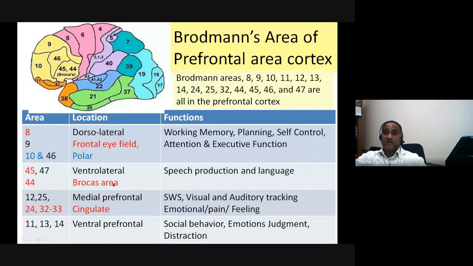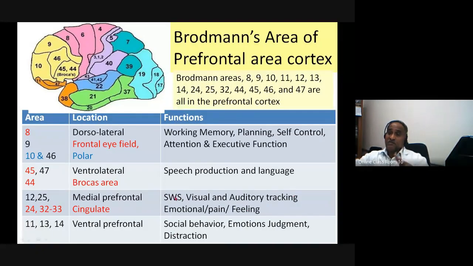Then 12, that is in the medial prefrontal area, is not seen here, that is interior. So they have 12, 24, 25, 32, 33. These 24, 32, 33 are cingulate cortex and the medial prefrontal cortex. And this medial prefrontal cortex is for slow wave sleep. The sleep is divided into two: the fast wave sleep and the slow wave sleep, or a desynchronized sleep and a synchronized sleep.